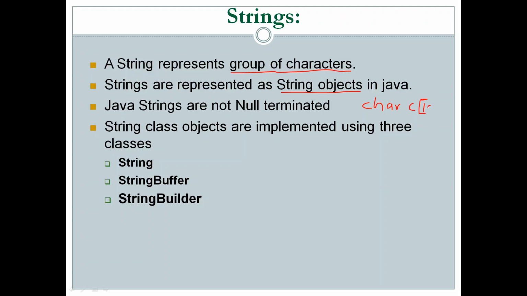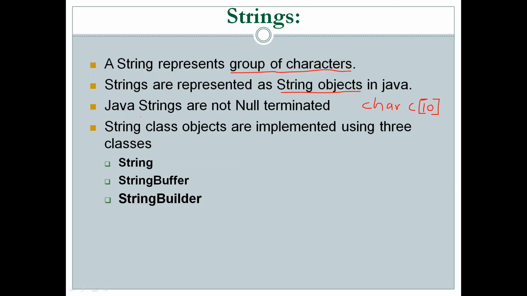Say I want to store a text with 10 characters, so I may declare a character array like this, char c of 10, and in this c we can store some group of characters. So this is how a string is created in C programming language, but in Java strings are objects, so no need to create a character array to store multiple characters in Java.